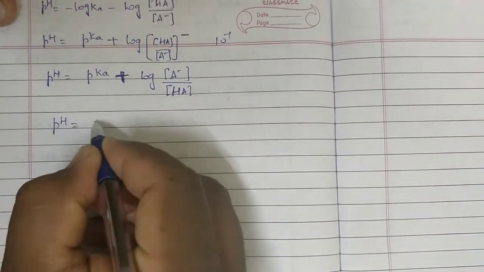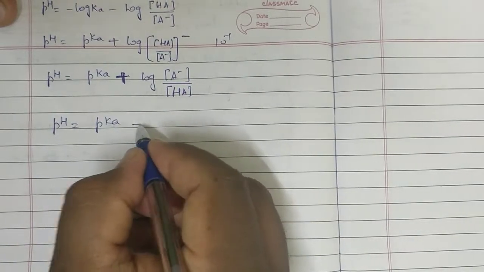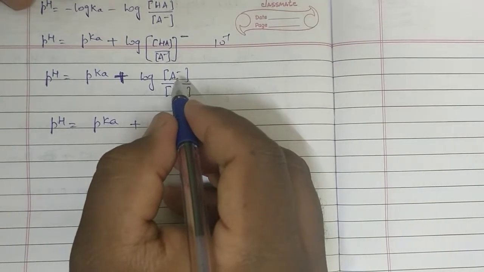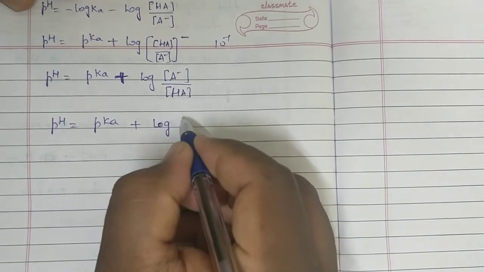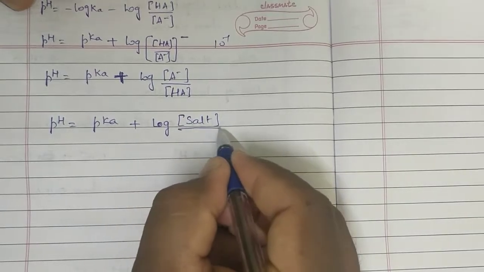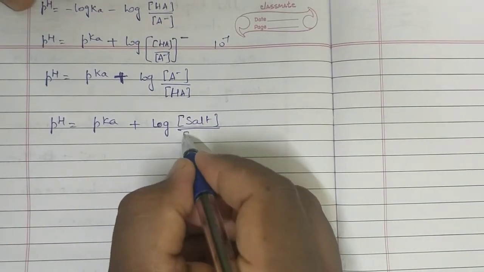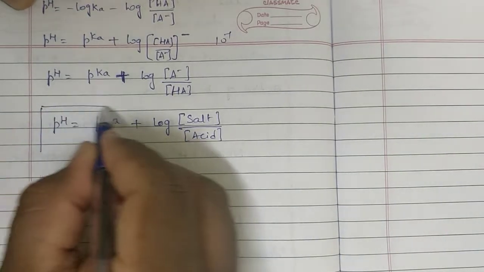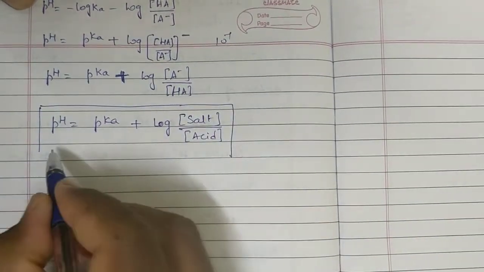pH is equal to pKa plus logarithm of concentration of A minus, which is nothing but concentration of salt, both are the same, divided by concentration of HA, which is nothing but concentration of acid.